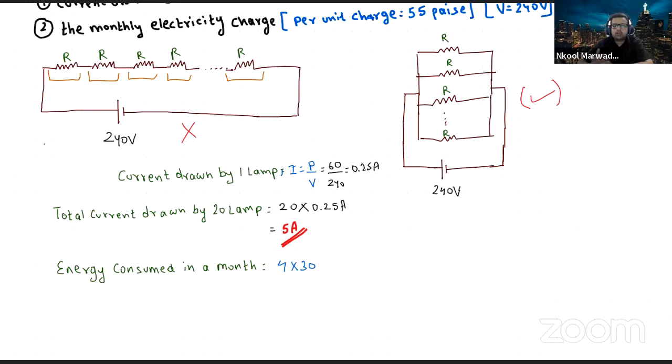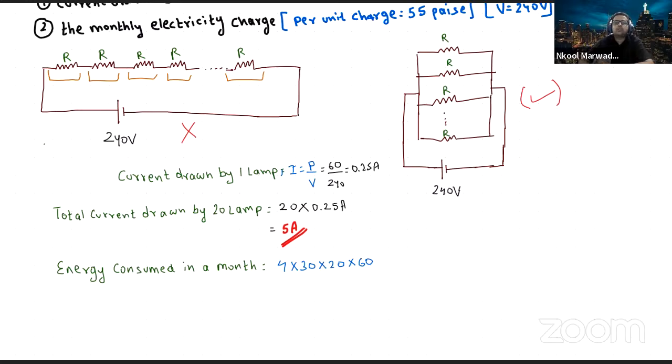So total the bulb will work for 120 hours. One bulb will work for 120 hours, and in total, we have 20 bulbs, and every bulb is consuming 60 watt. So this will be the watt hour. Why watt hour? Because I have kept hour only.